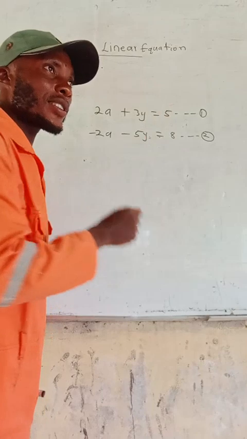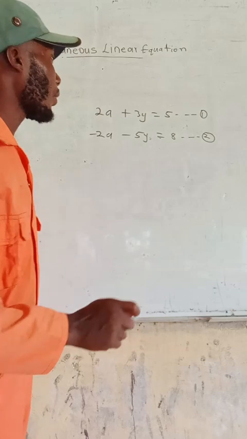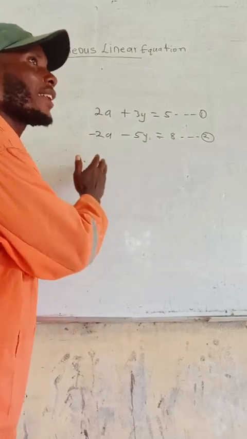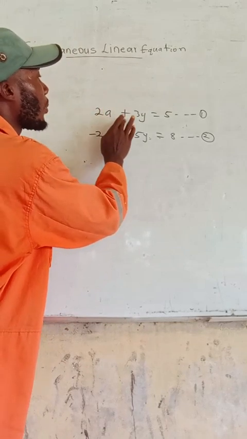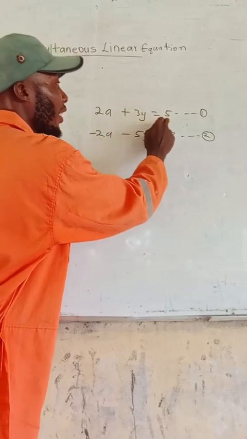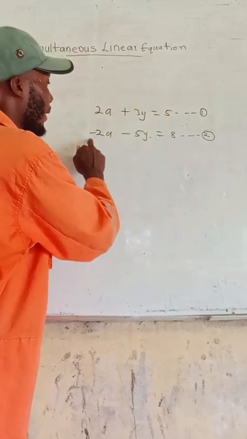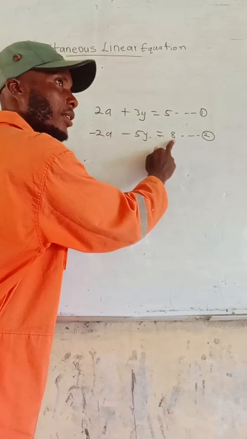The constant is the one that is without the alphabet. Are you getting it? So, if you see any expression in this form, 2a plus 3y is equal to 5, minus 2a minus 5y is equal to 8.